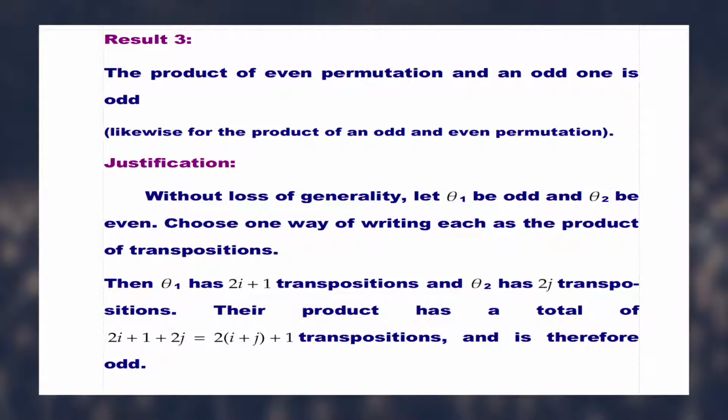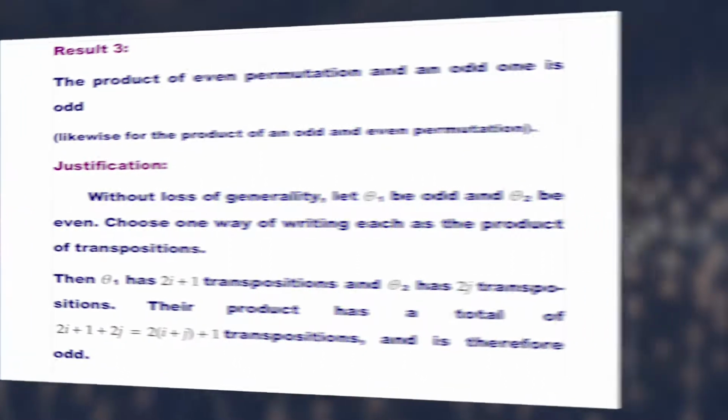Then theta 1 has 2i plus 1 transpositions and theta 2 has 2j transpositions. Their product has a total of 2i plus 1 plus 2j. Here we will take 2 as the common factor. So, 2(i plus j) plus 1 transpositions, and is therefore odd.